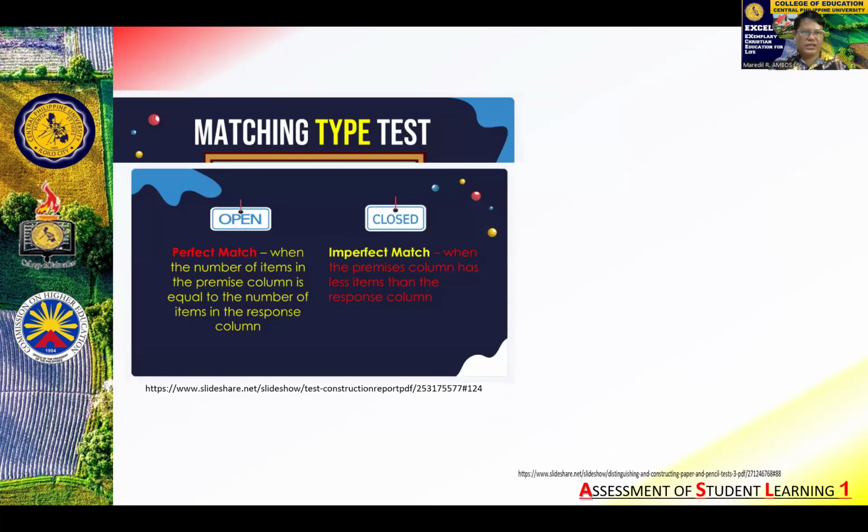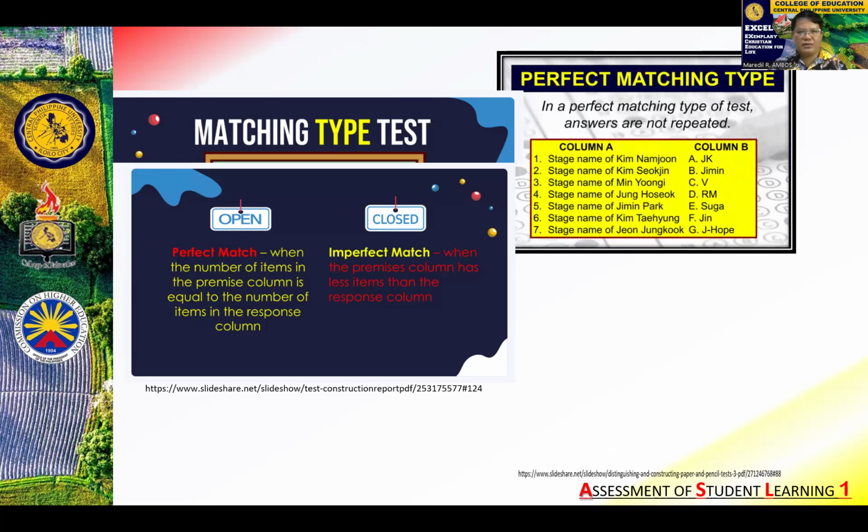We have, of course, the classification of the matching type test. We have the perfect match or the open, and the imperfect match, which is known as the closed. When we say perfect match, the number of items in the premise column is equal to the number of items in the response column. And when we say closed, or imperfect match, the premises column has fewer items than the response column.